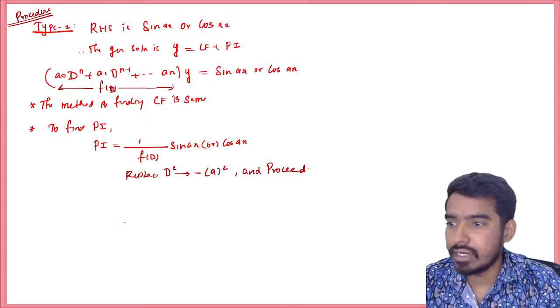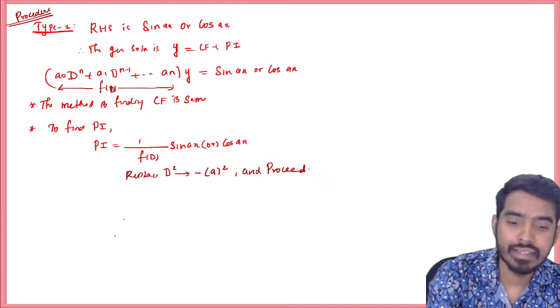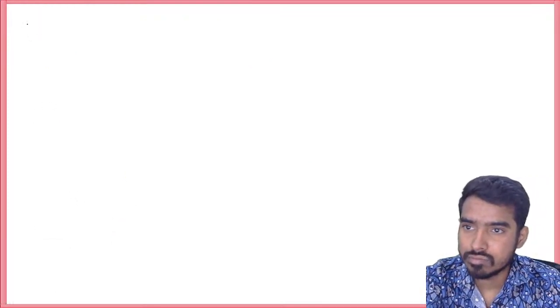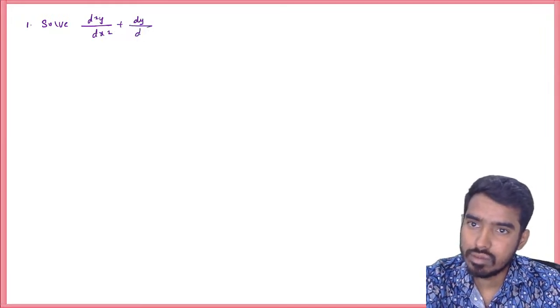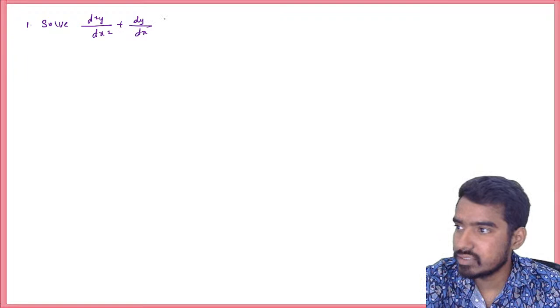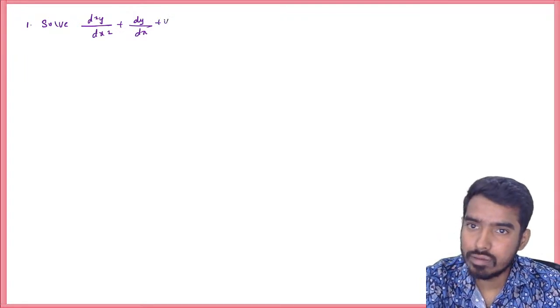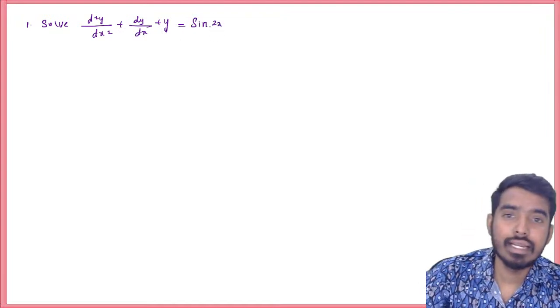Okay, so we'll start solving problems based on type 2. Solve d squared y by dx square plus dy by dx plus y is equal to sin 2x. This comes under what?